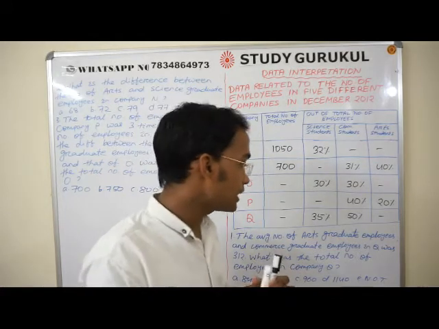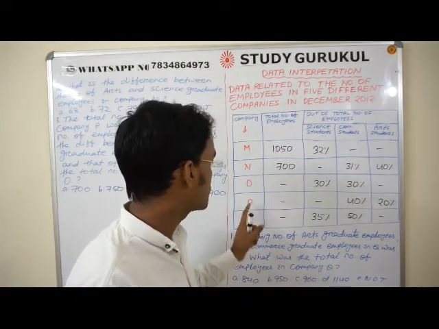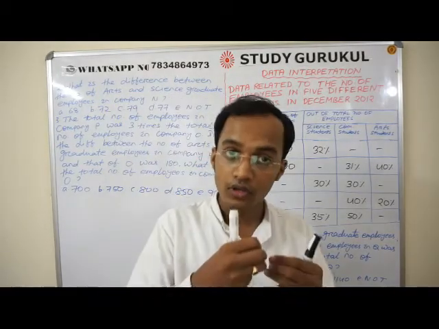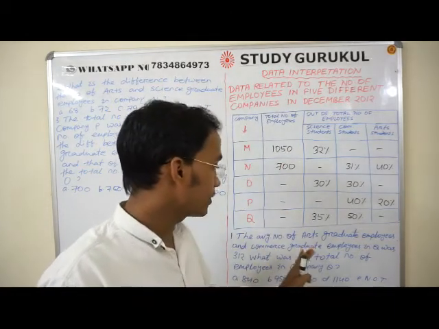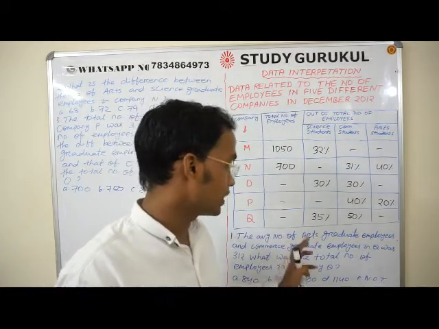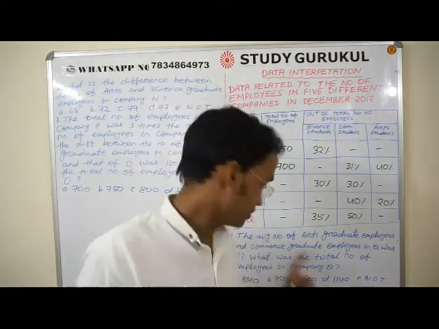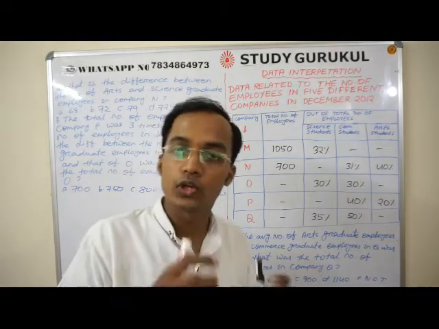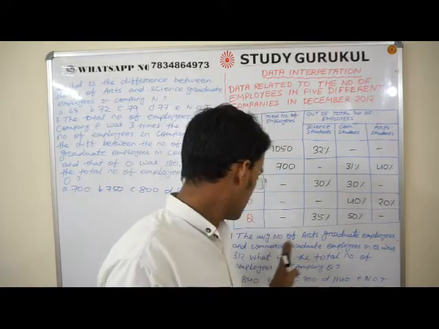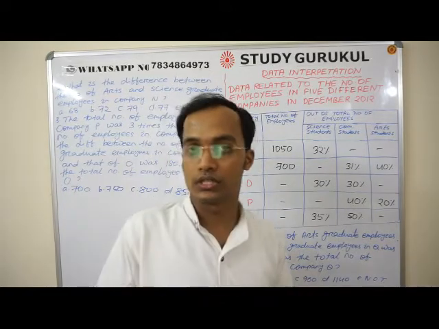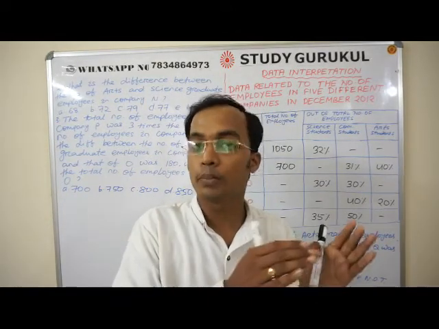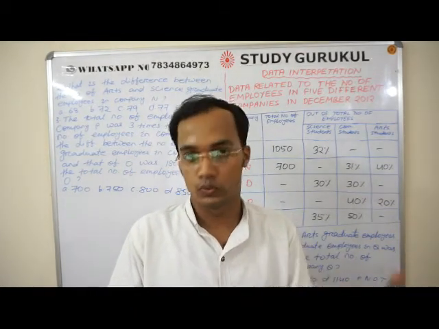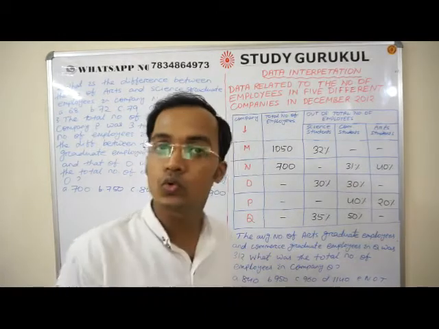So if the average of arts graduates and commerce graduates of Q is 312, then the total number of arts and commerce graduate employees from company Q must be 2 times the average. It means it is 624.